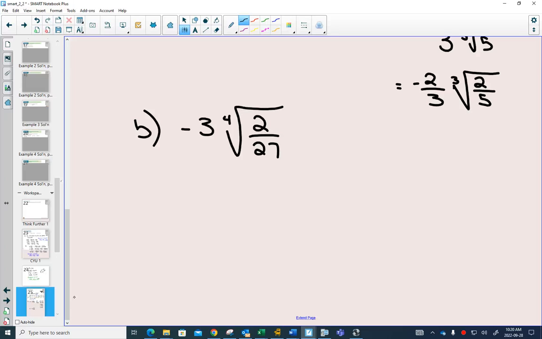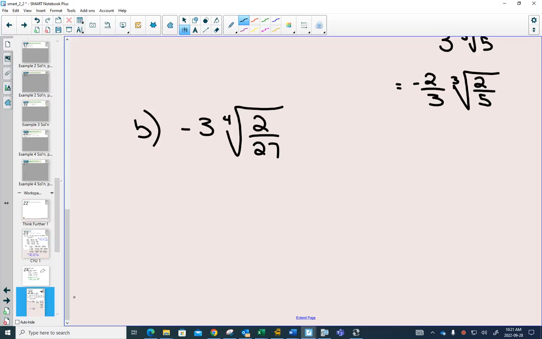And first of all, we have to talk about the negative. Okay? Negatives only appear inside of odd radicals. If the index is a 3, a 5, a 7, then you can have the negative inside. Did you know that you can't square root a negative number? If you try it on your calculator, it gives you an error.